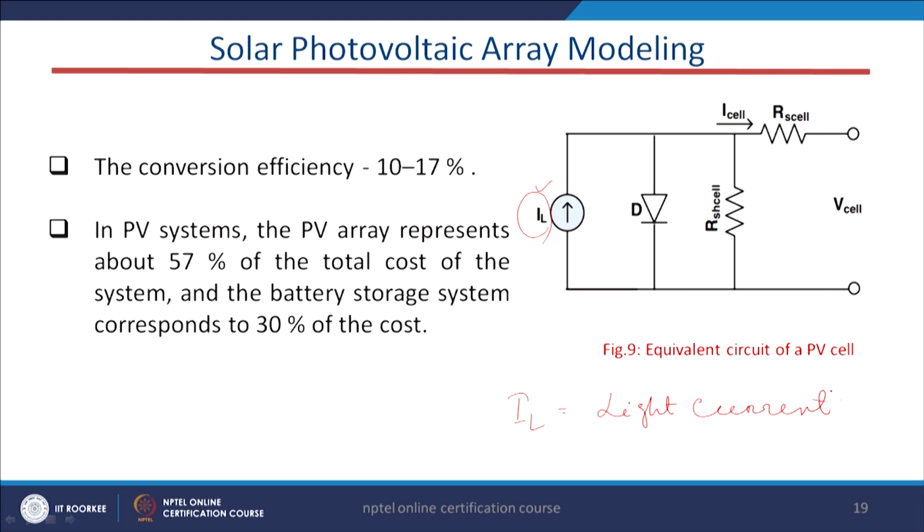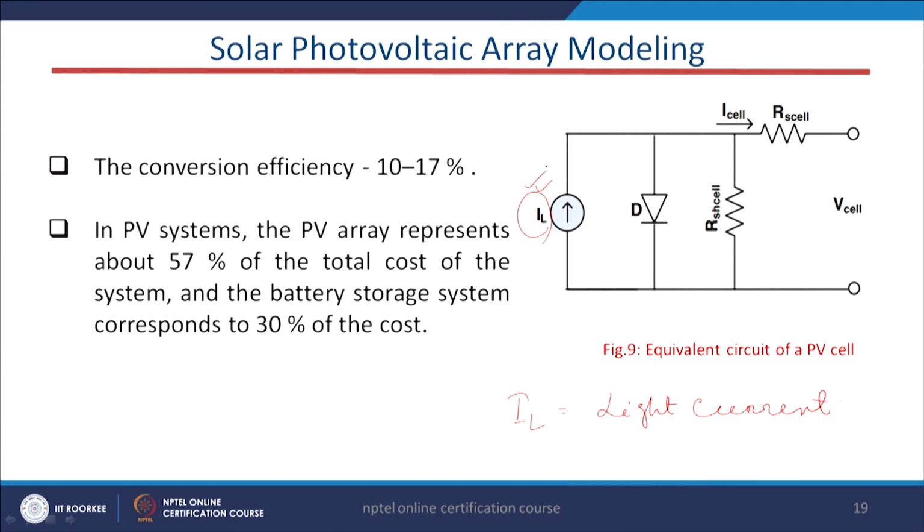Because, as we have discussed from the very beginning, in a solar cell we use basically photodiodes, where light produces the current. So, that is your light current, and we have a diode. This is the diode symbol in the equivalent circuit of the cell, and this is the shunt resistance and this is the series resistance.